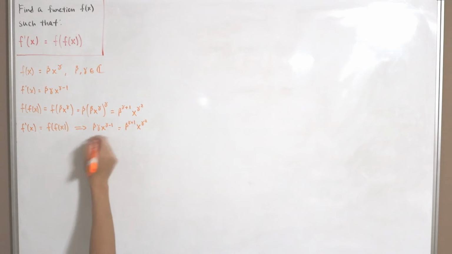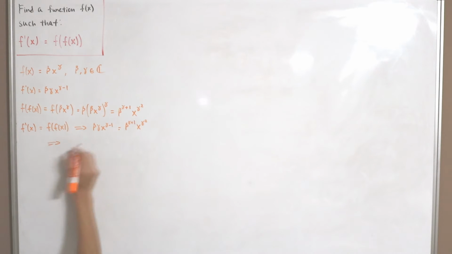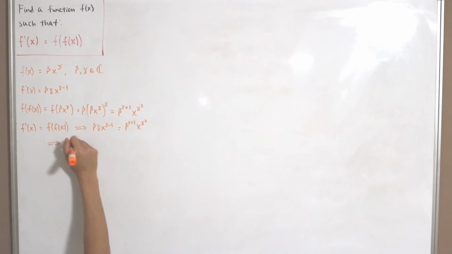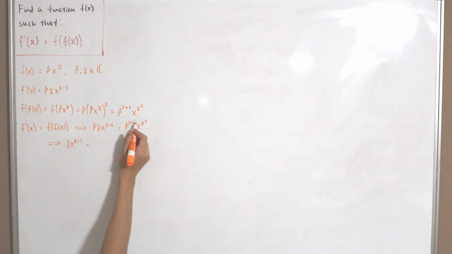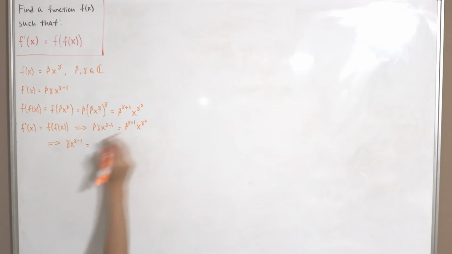And now how about I divide by beta on both sides, so the beta will just cancel from the left hand side, and on the right side the plus 1 will just disappear, so we're left with gamma on the left and beta to the power gamma times x to the power gamma squared on the right.